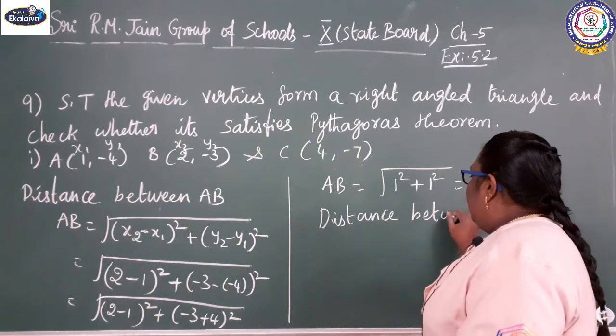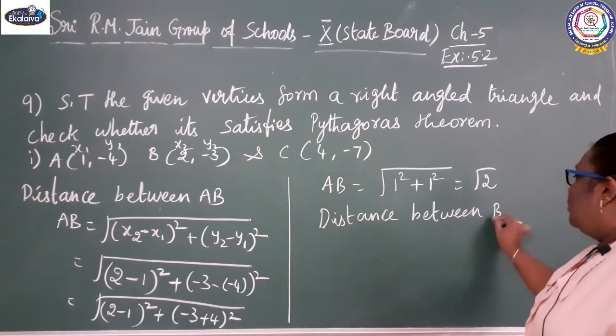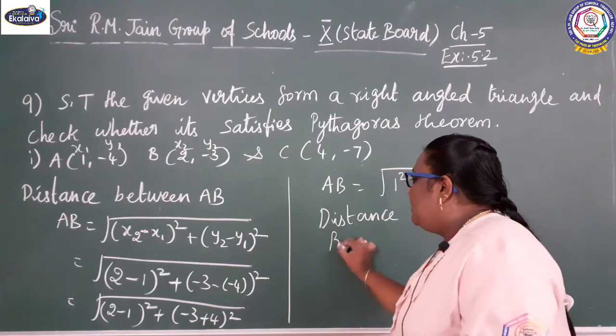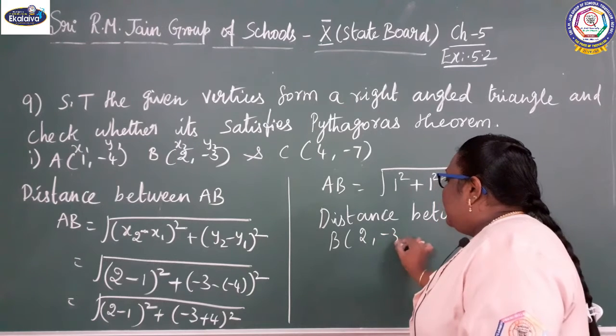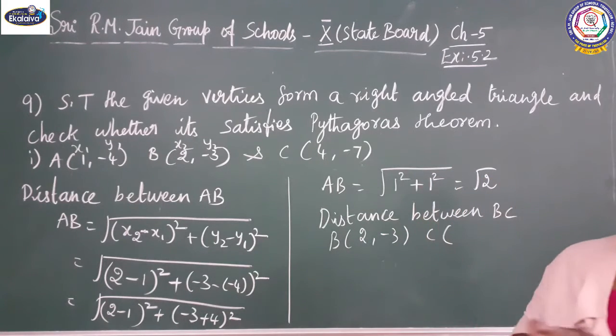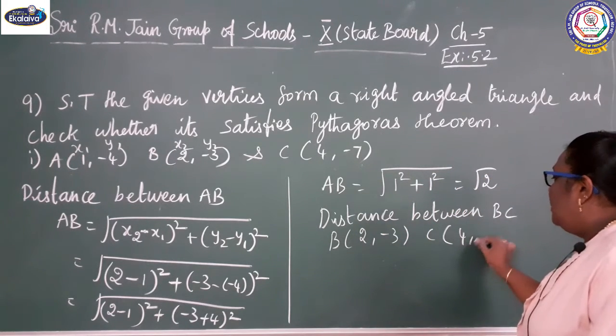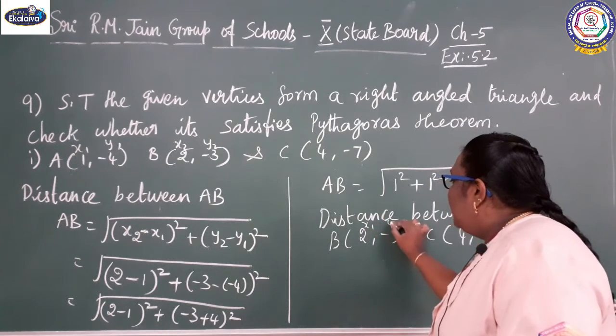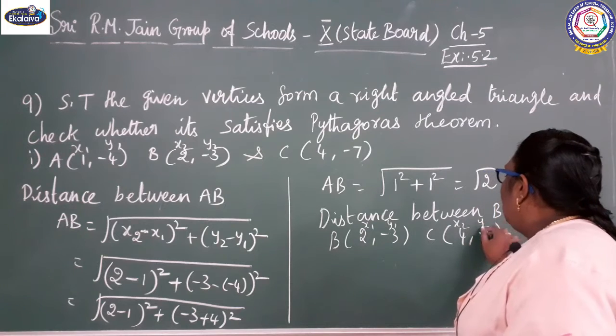Next, you should find out the value of BC, the distance between B and C. What is the value of B here? B is 2 comma minus 3, and C is 4 comma minus 7. You can mark them as x1, y1, x2, y2.